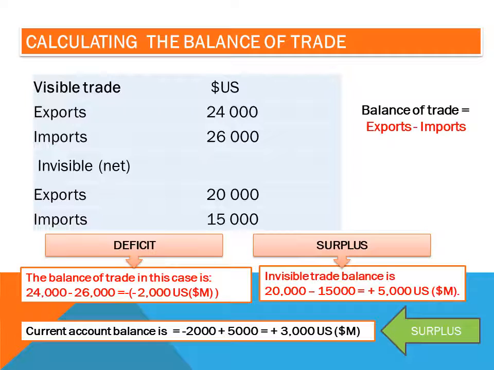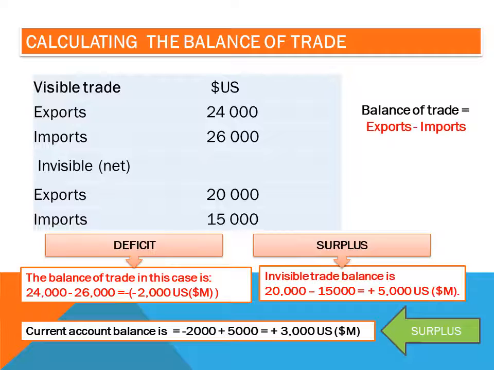So visible exports first, because exports mean money is coming in. You start with the inflows. Export is always the first figure to add, so you put 24,000, and you minus imports, because imports is money that you're spending, so that's going out of the country, and you get a balance. Because exports were less than imports, you have a negative figure of $2,000, right?